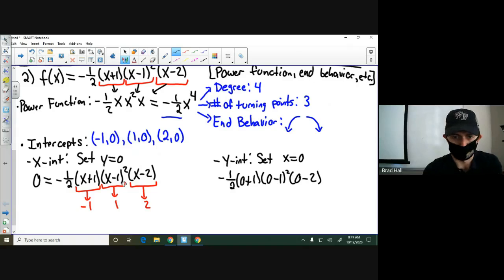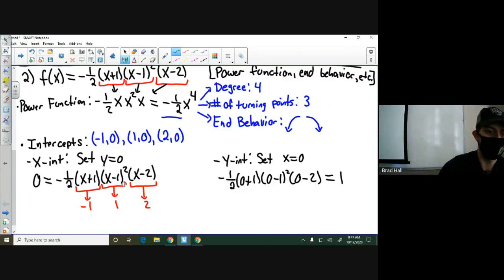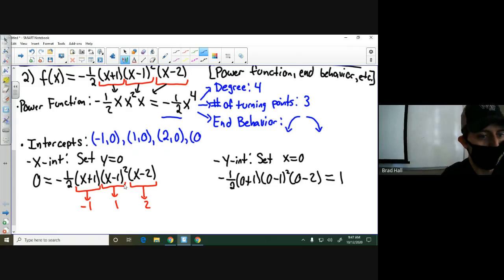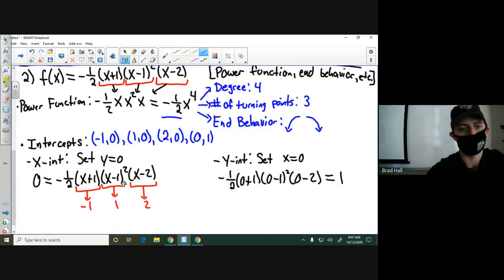If you plug all of that into your calculator, you should get +1. You will get +1 if you plug all of that in your calculator. Which means that gives us the last intercept, the y-intercept of 0, 1.